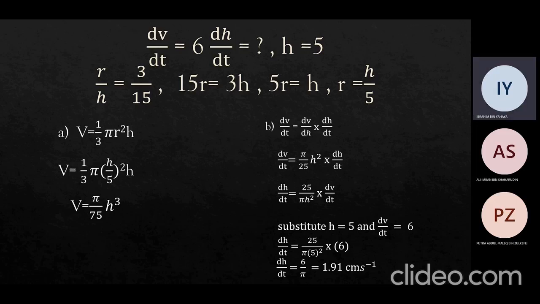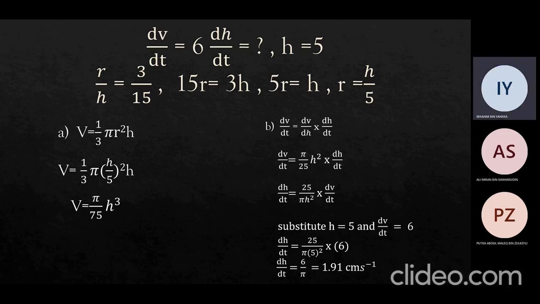After we differentiate the volume, it will be pi over 25 h squared. Then we put this into dV/dh, and we rearrange so that the formula will be dh/dt equal to 25 over pi h squared multiplied by dV/dt.